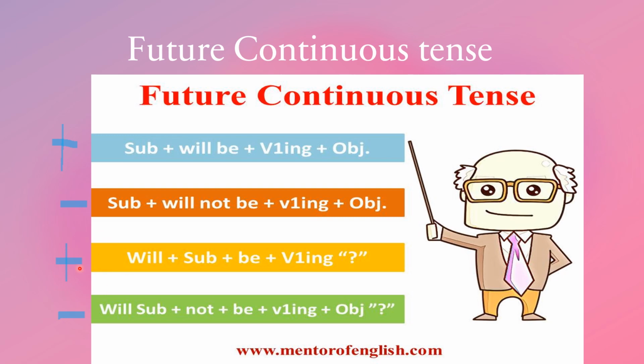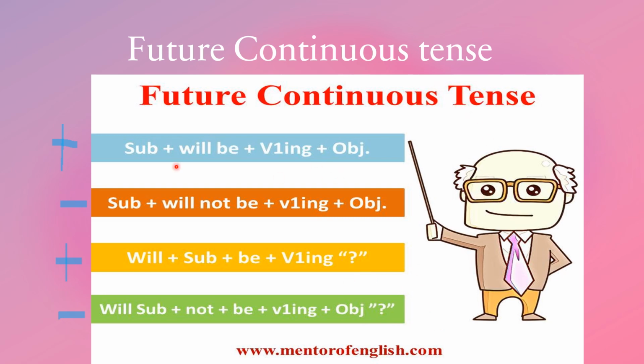So positive question, it's will plus your subject plus be, your verb in first form plus ing, and remember your question mark. For negative question, it will be will your subject not be your verb in first form ing plus your object, and remember your question mark.